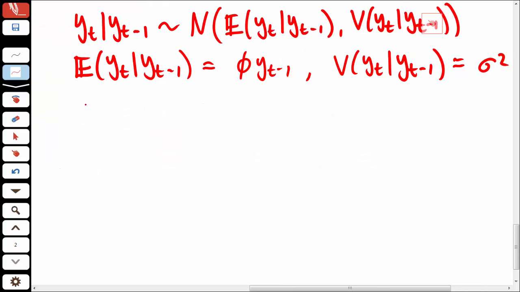Hence the conditional density of y_t given y_{t-1} is simply based on the Gaussian density.